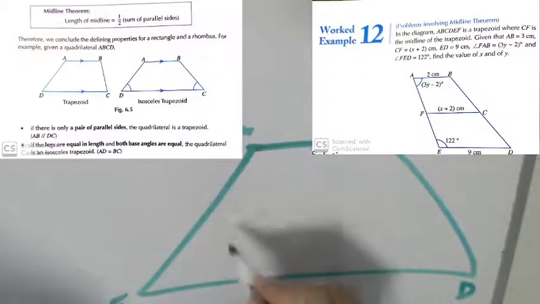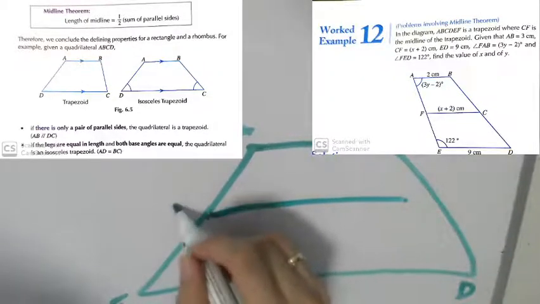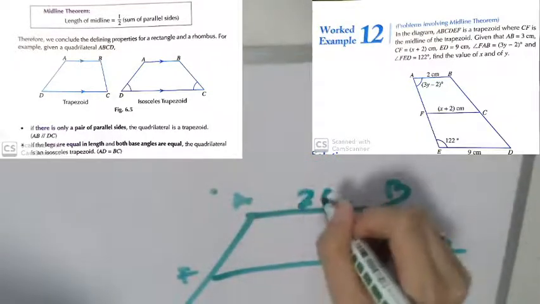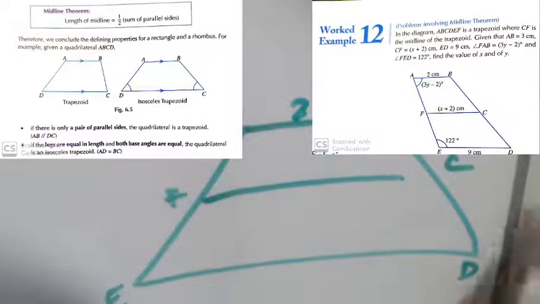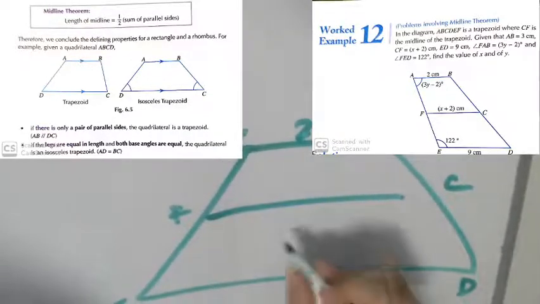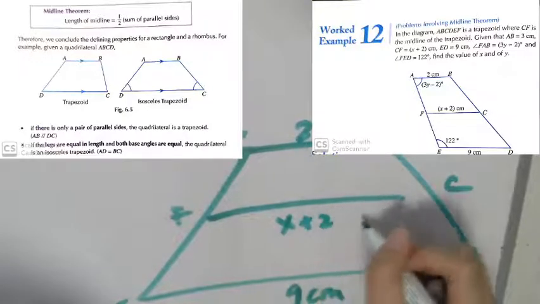With the midline FC, AB is 2 cm, ED is 9 cm, and FC is x plus 2 cm.